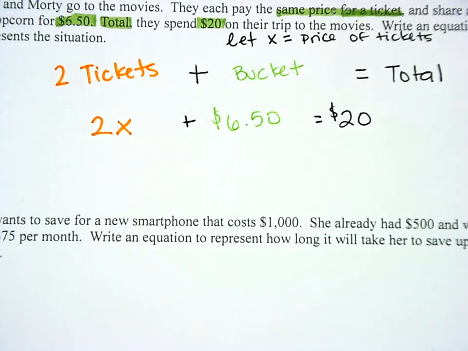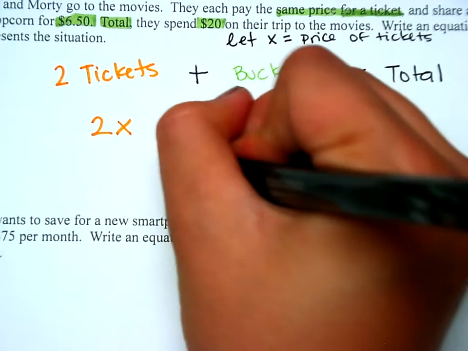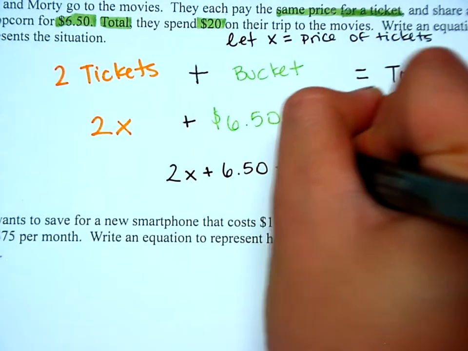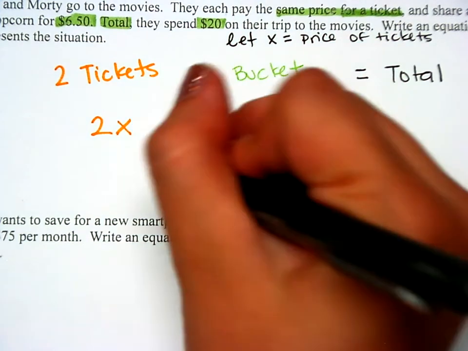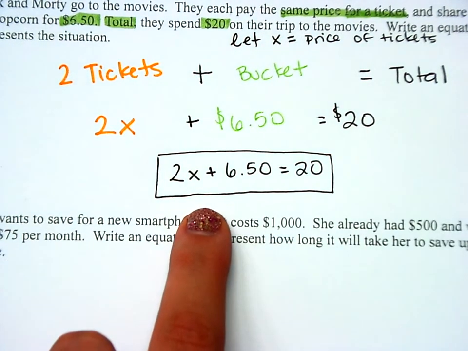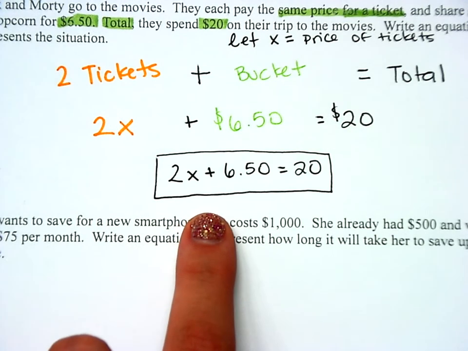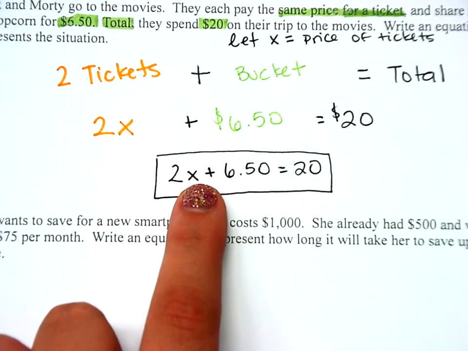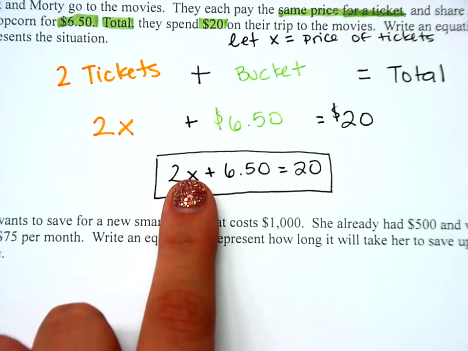So I'm going to just write it in black now. We've got 2x plus $6.50 equals a total of 20. So you'll see now we have an equation that represents their situation. This equation will tell us what the price of those tickets were if we were to solve for x. We're going to leave it for now.